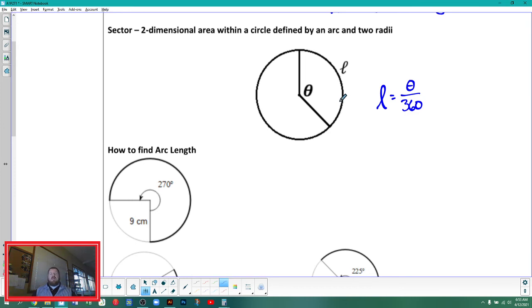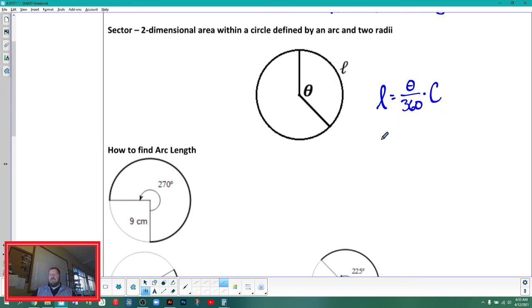It's kind of like finding a percentage of the circle. But instead of dividing by 100, we divide by 360. That'll tell us the amount of the circle that we want to deal with. And then it's just that times the circumference.